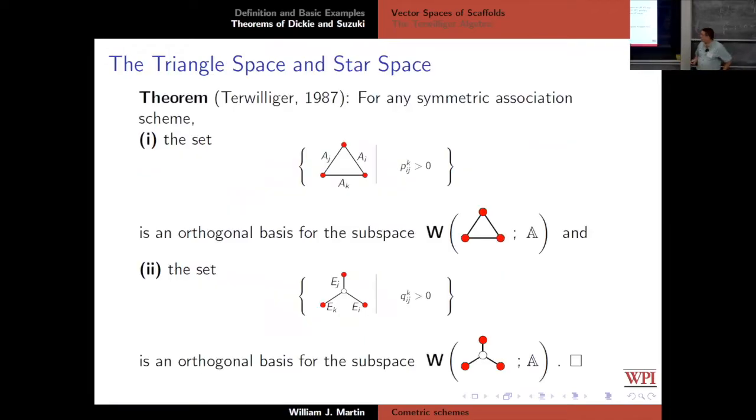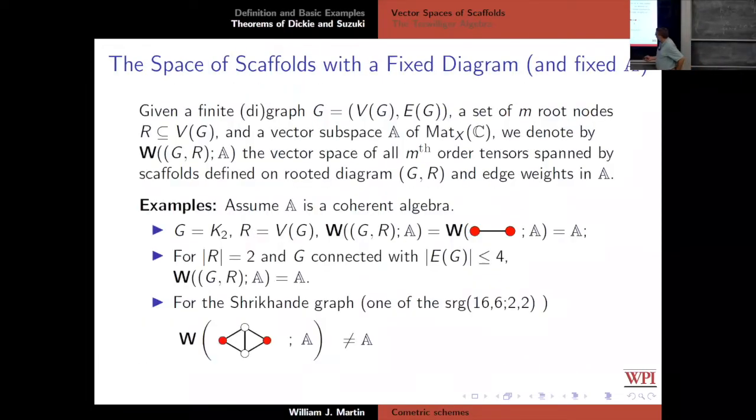So now you can go back to that example right here and see that this does contain the Bose-Mesner algebra, because I can contract that edge, right? I can take all the scaffolds where that weight is the identity, and that means I'm contracting that edge. And now I have a series parallel reduction, so for example you could put anything in the Bose-Mesner algebra here and put an identity matrix on these others and a J here, identity, identity, identity, and put any matrix you want there.